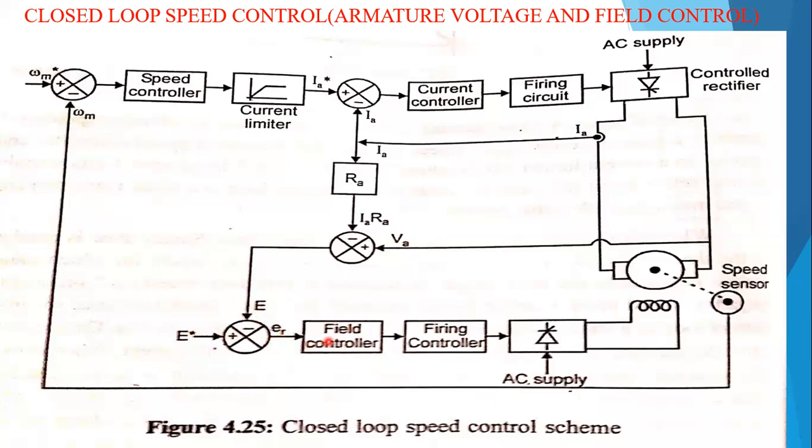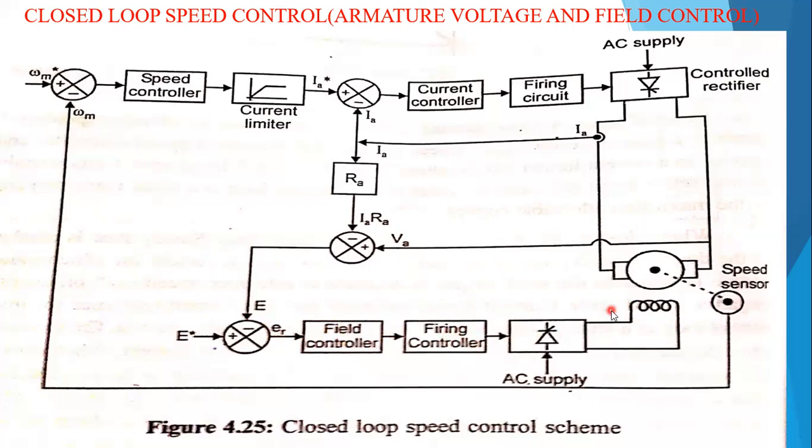Because of that, the field controller is out of saturation. Out of saturation means that for a speed command above base speed, the speed error has a higher value of VA. So when the field controller is out of saturation, we use the firing angle to control the field of this DC machine.